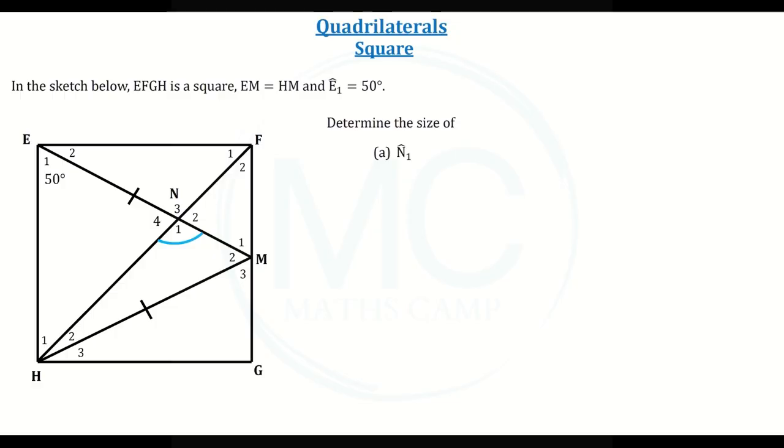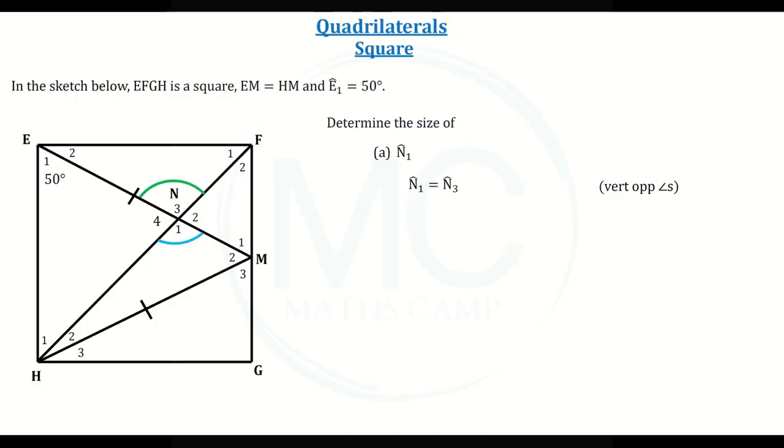So what else do we know about angle N1? It lies vertically opposite angle N3. So let's make this angle green. We know that angle N1, let's make a note over here, N1 is equal to angle N3 because these are vertically opposite angles.